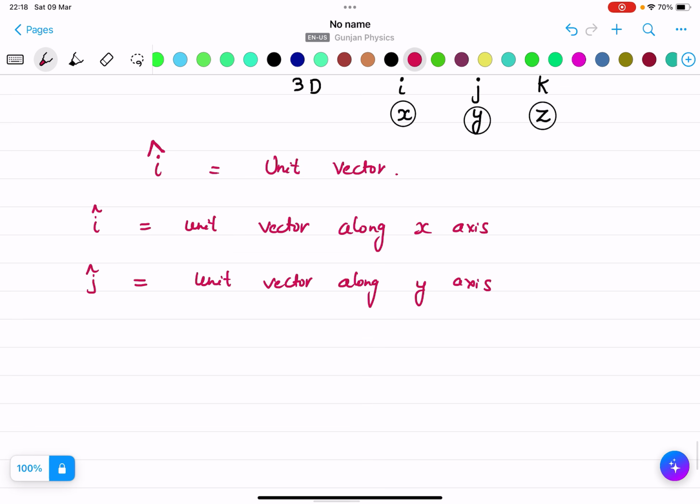And if I'm speaking about the 3 dimensions, then k is the unit vector along the z axis. Okay, so i, j, k are the unit vectors.